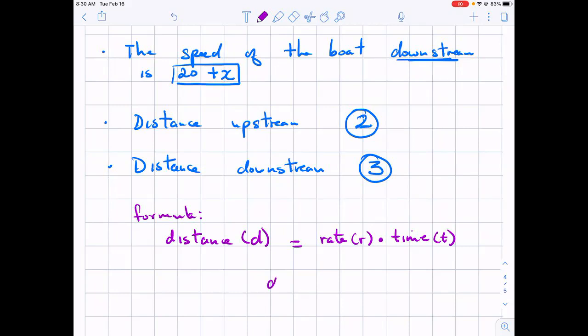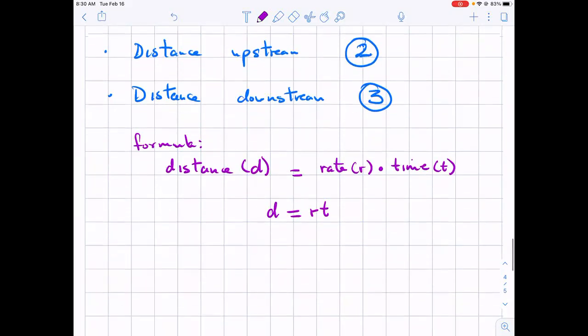So generally we write d is equal to rt. This is the formula for distance, and this is not only for this problem. Distance is always equal to the rate times your time.